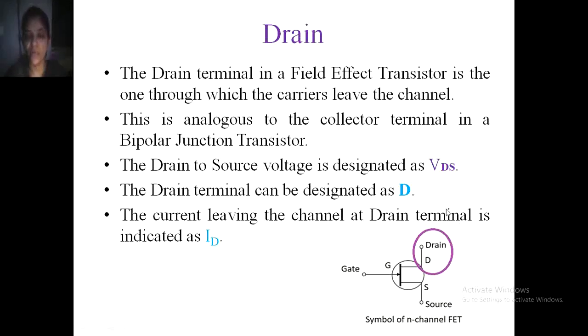The drain to source voltage is VDS. The drain terminal is designated as D. The current leaving the channel at the drain terminal is indicated by ID.